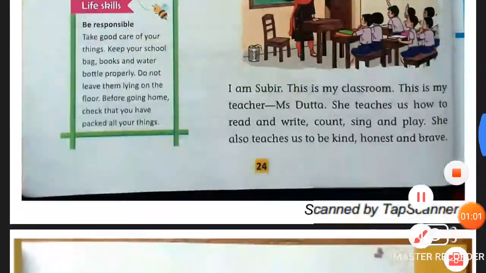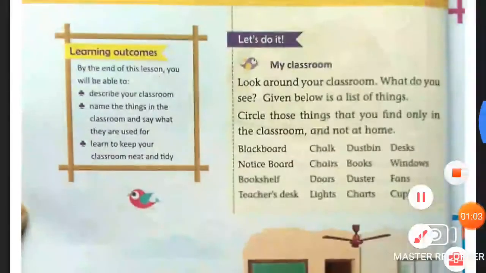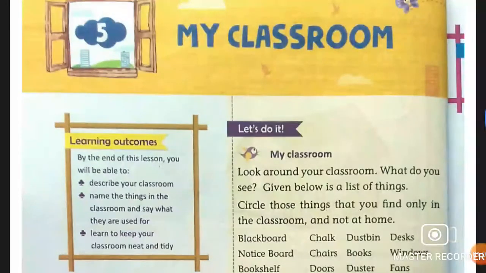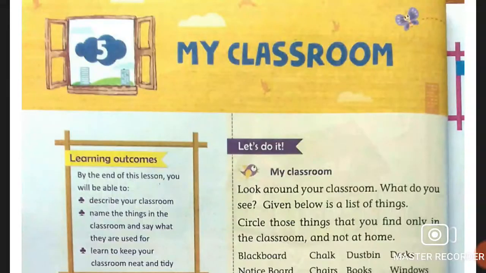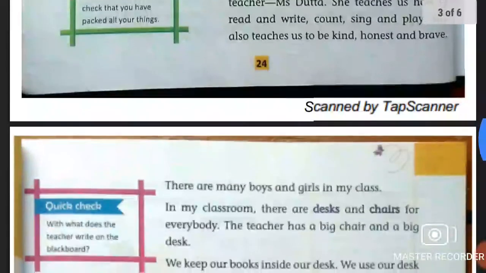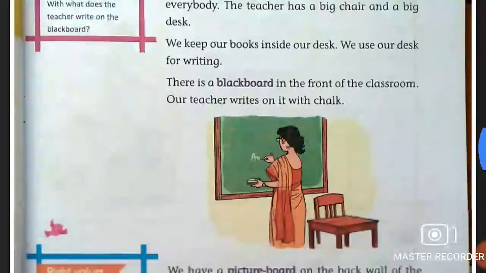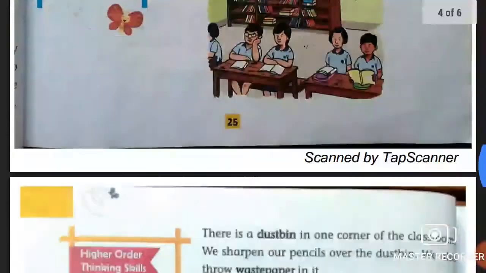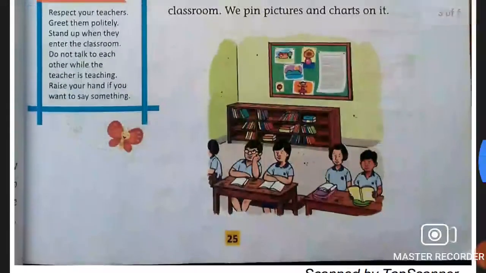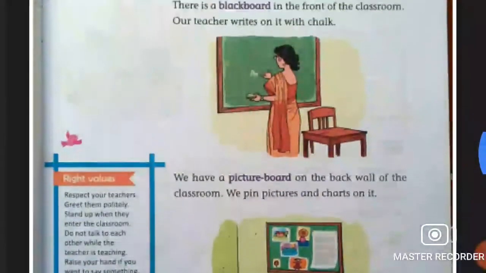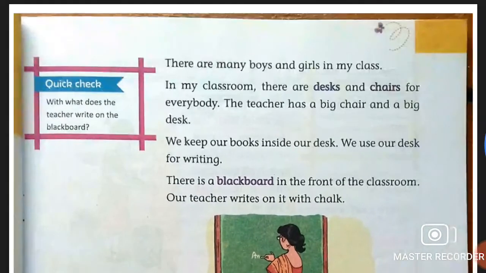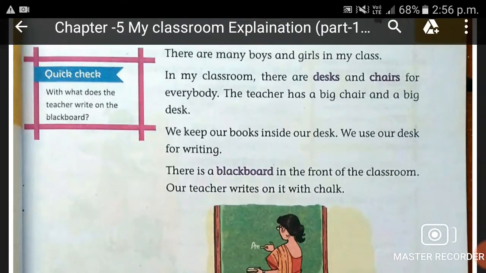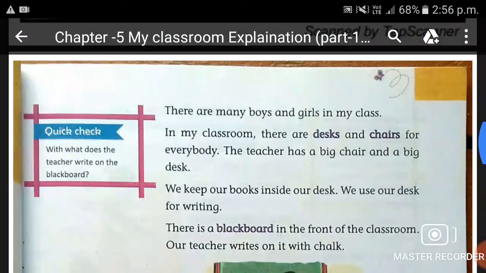So in our previous video we had not completed, but we had covered this chapter up to the page number 25. Okay students, and in this video we will cover the remaining portion of this chapter. So what we had learned in our previous video, students?